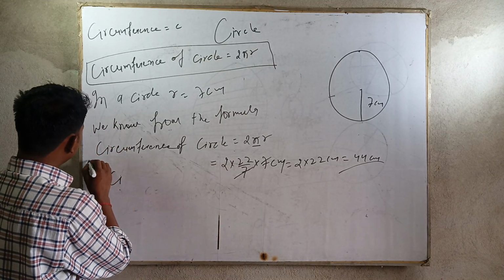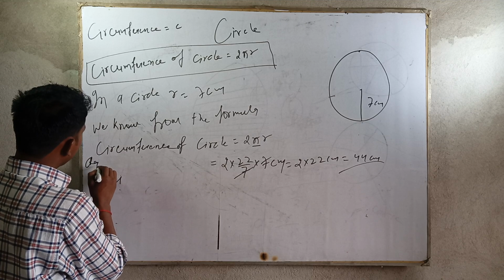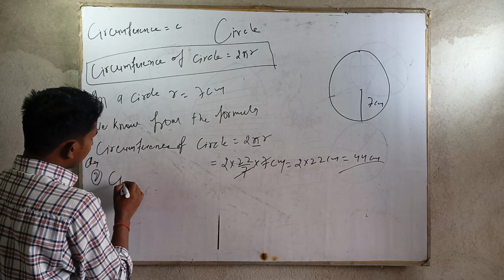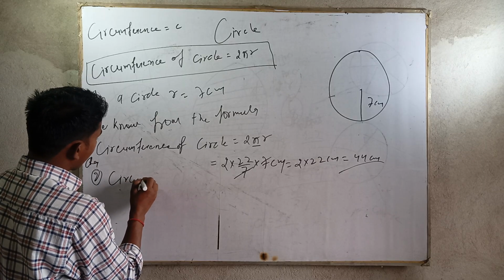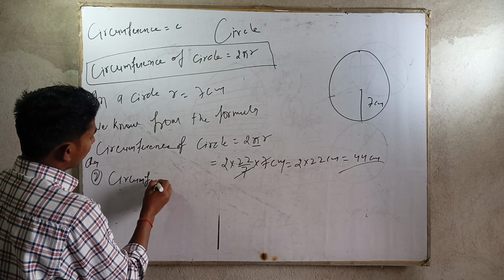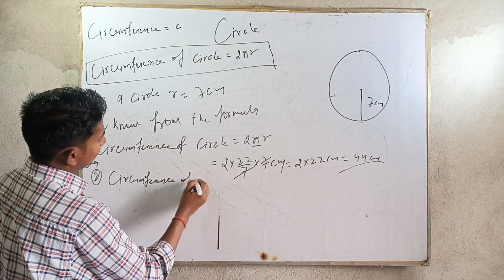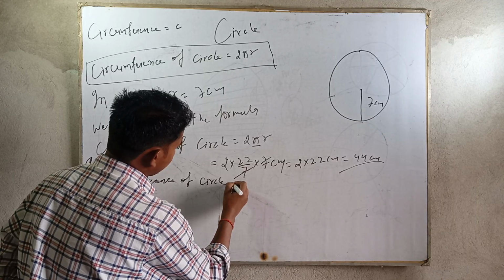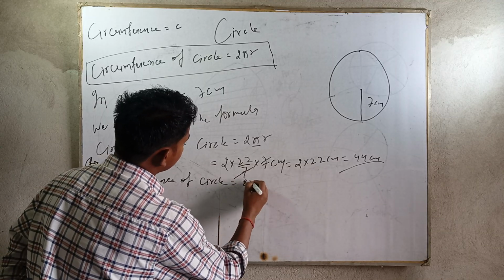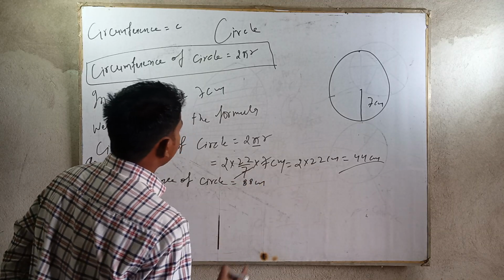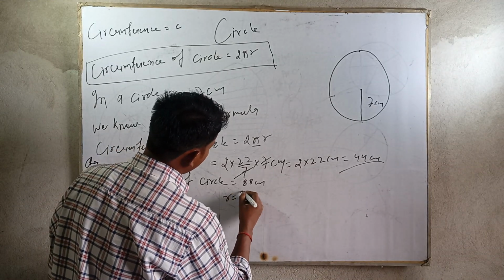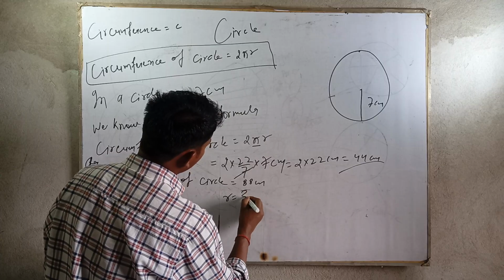Second question. Question number second: if the circumference of a circle is equal to 88 centimeter, then it is asking to find out its radius, that means r equal to what.